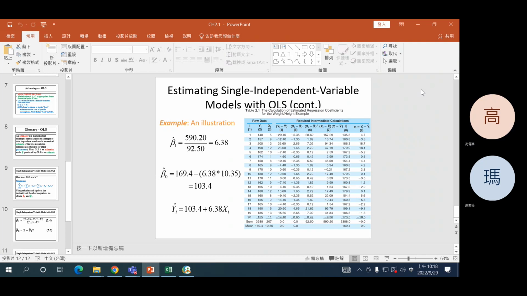Any questions? If you don't have any, then this is our 2.1, estimating the single independent variable model with OLS.